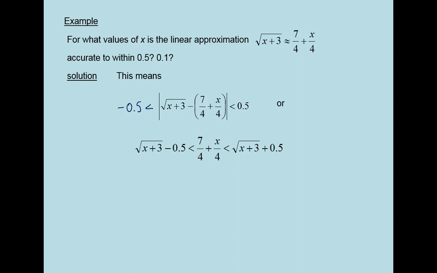What it would actually be is less than the square root of x plus 3 minus the quantity, and this is the equation of our line, would be less than. And then we could take this quantity right here, and we could subtract that from both sides, from each interval in our inequality. So that's what we have right here.